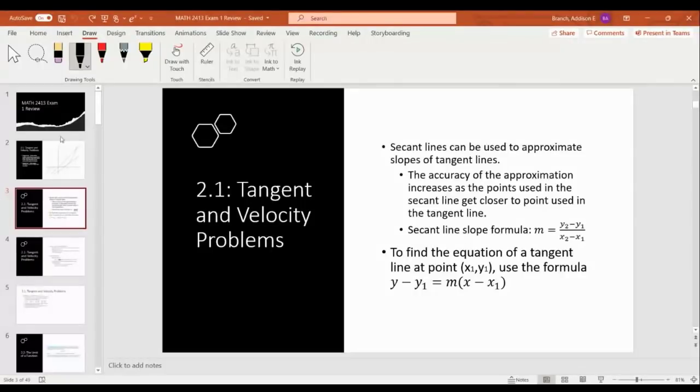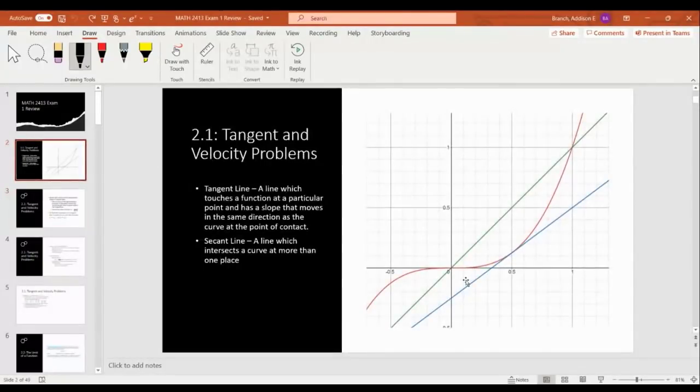So for example, if we go back over here, we can see that green line looks close-ish to the blue line, which is our tangent line. Right here you're picking points 0 and 1 to calculate, and our tangent line is at 0.5. But if we pick something like 0.5 and 0.49, that secant line would be a lot closer to our actual tangent line.